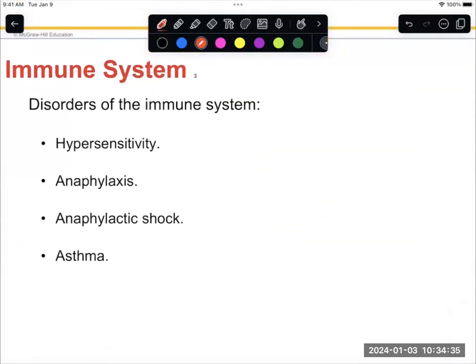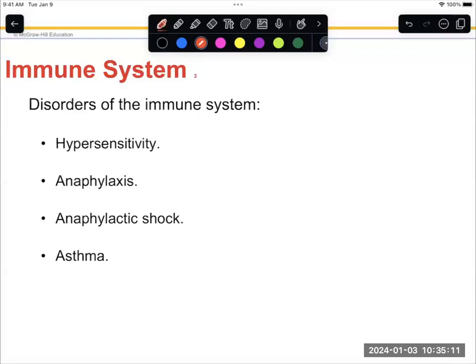Hypersensitivity is that excessive immune response to an antigen that would normally be tolerated. People who have allergies, this is you. Hypersensitivity, that allergies, so could be ragweed, grass, dust, pollen, trees, dog hair, cat hair, that dander.